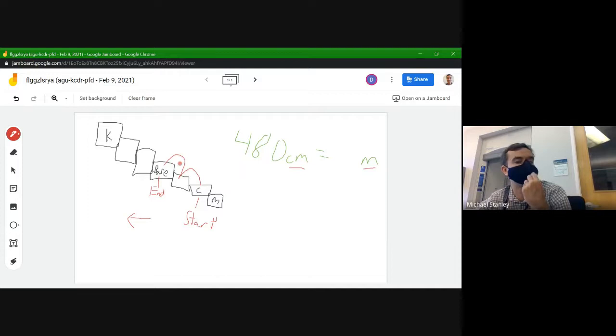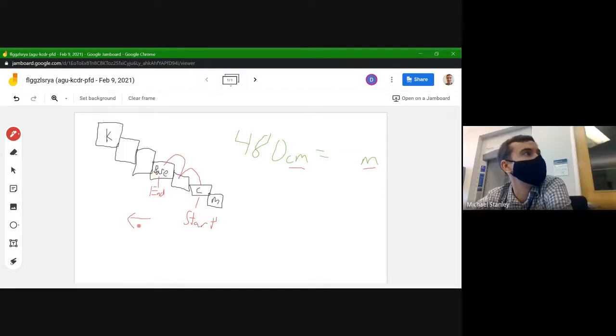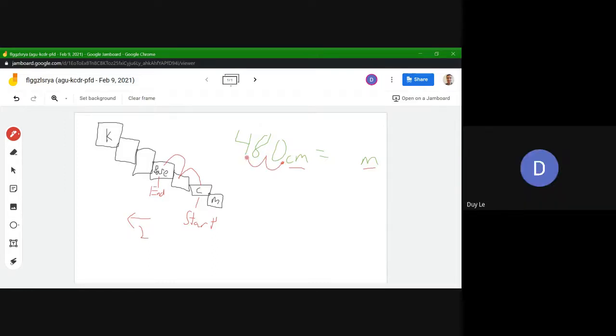So how many jumps do we have to take from C to base? 2. Two jumps. So we're going to take 2 jumps to the left. So our point starts here, and then we're going to go 1, 2, to the left.